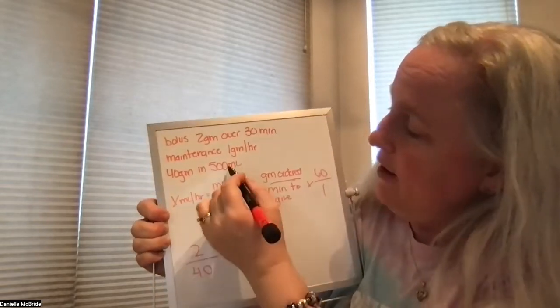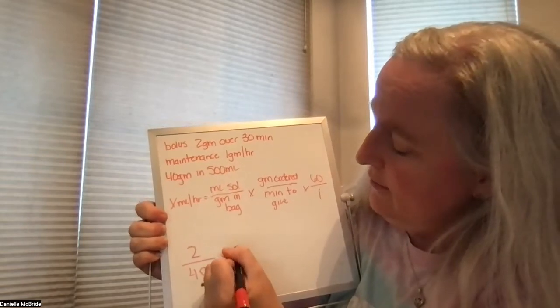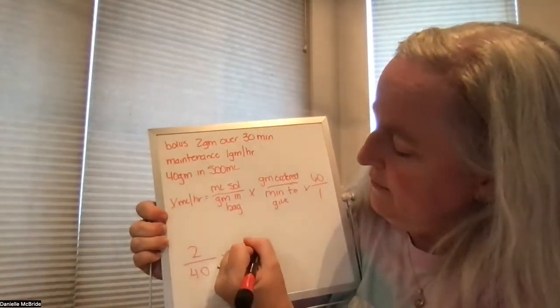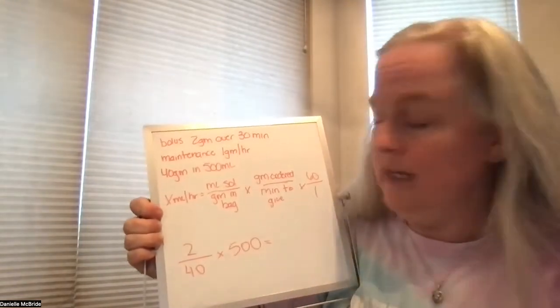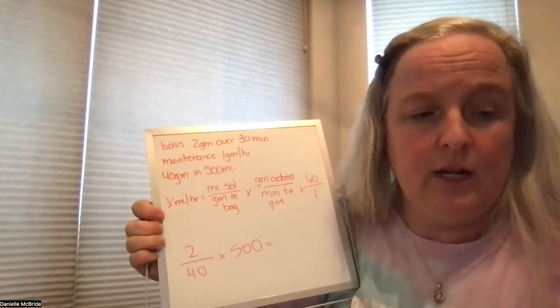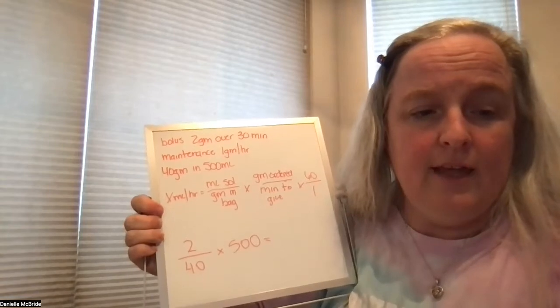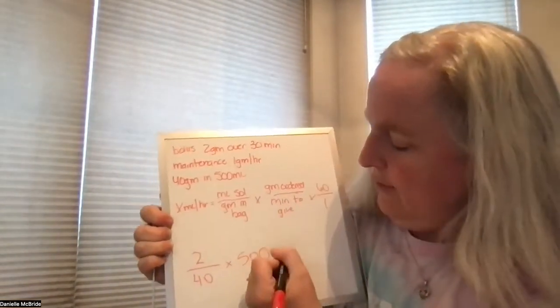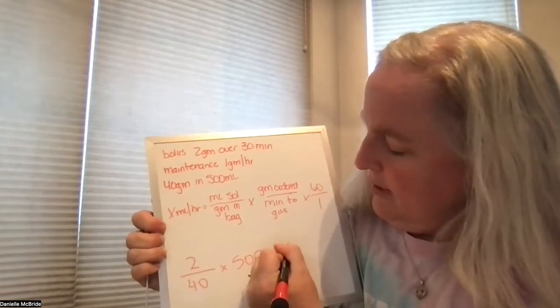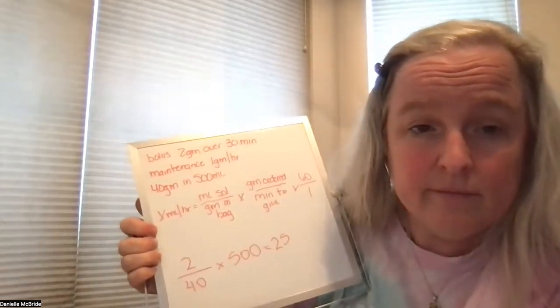And then my volume is 500. If I do this though, guys, what you're going to see is if I do 2 divided by 40, and then I multiply by 500, I get 25. And you remember that the answer is 50.